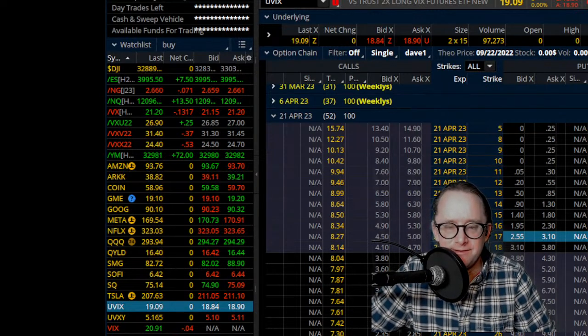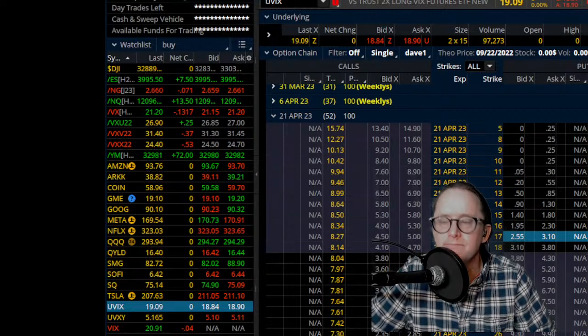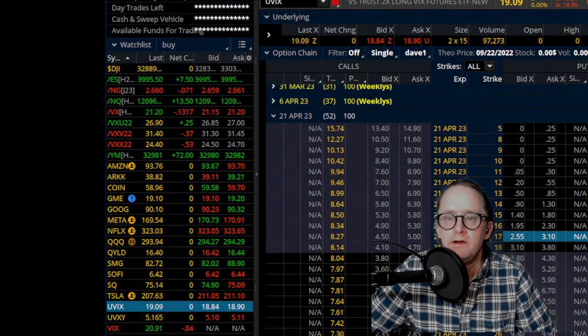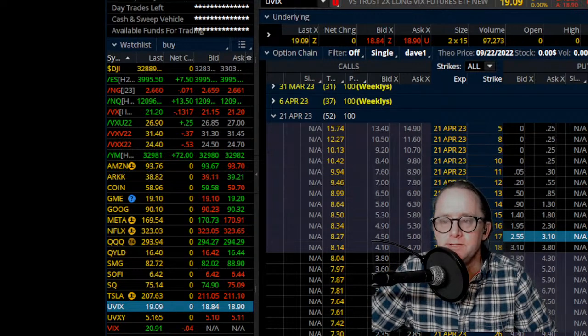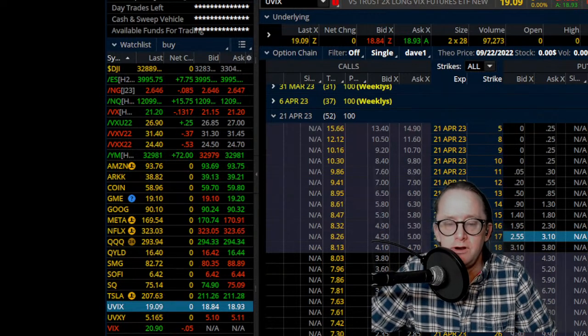But let me see if I can do this. It's going to take me too long to do it. But anyways, the term structure is in contango right now, at 4%. And so this stuff is slowly moving lower.